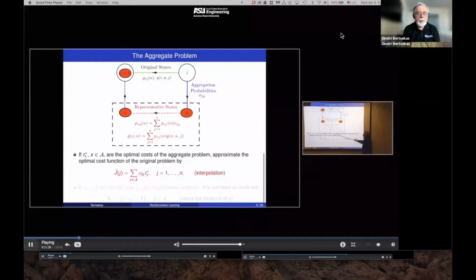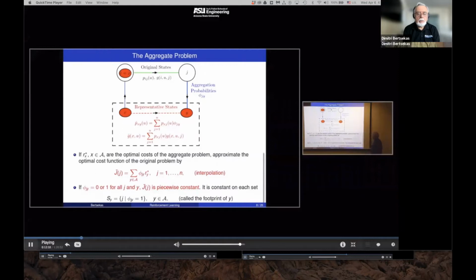Okay? Now, having done that, I obtain approximate cost for the original states, the j's, by interpolation with these phis. Now, in the case where the phis are either 0 or 1, then I have a piecewise constant approximation. Why is it piecewise constant? Because all the phis here are going to be zeros except for 1. That's going to be 1.